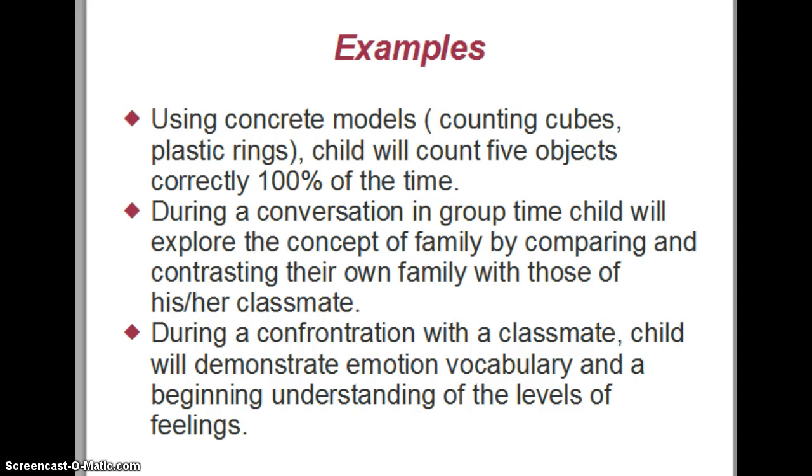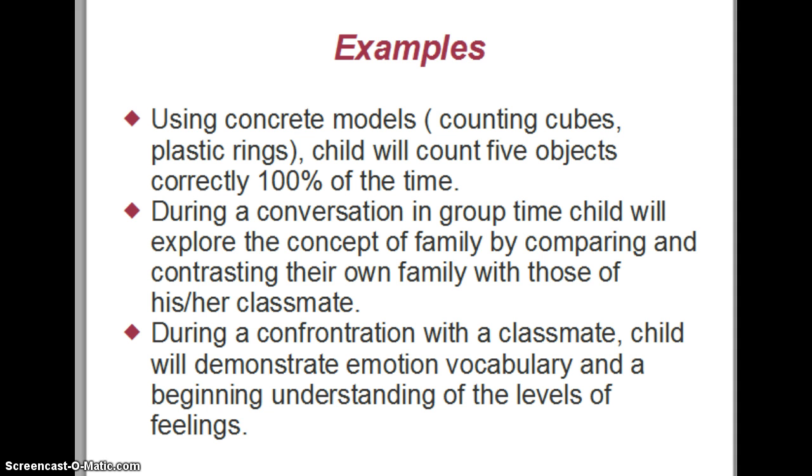During a confrontation with a classmate, the child will demonstrate emotion vocabulary and a beginning understanding of the levels of feelings. And of course, emotion vocabulary just simply means words that you are going to give the child to help them be better able to express themselves. Something as simple as, I am angry.